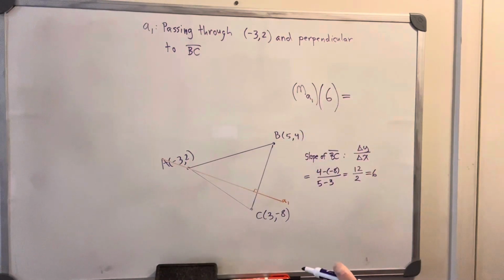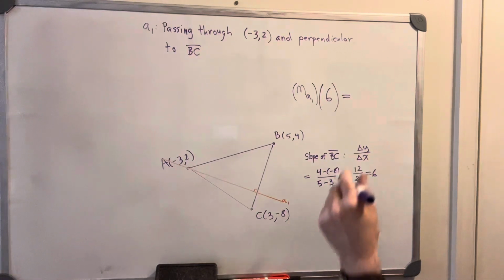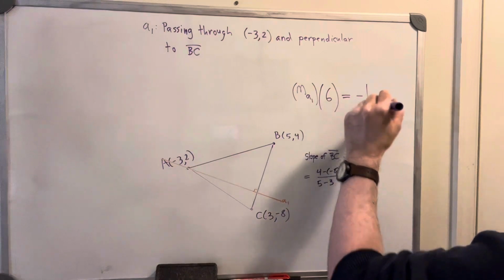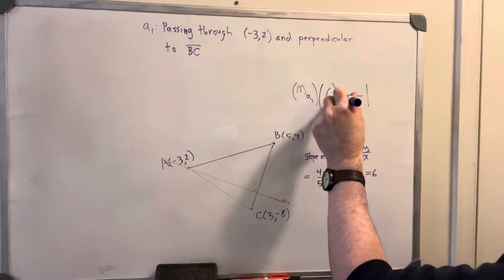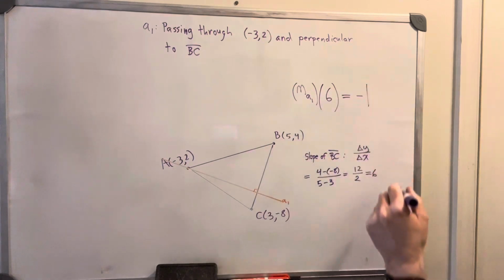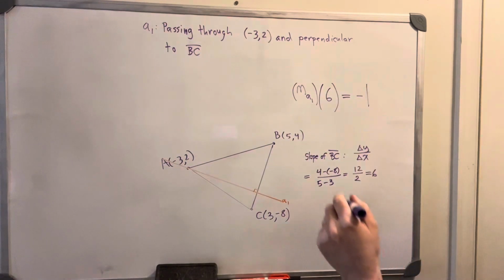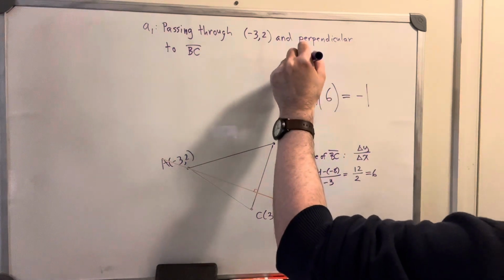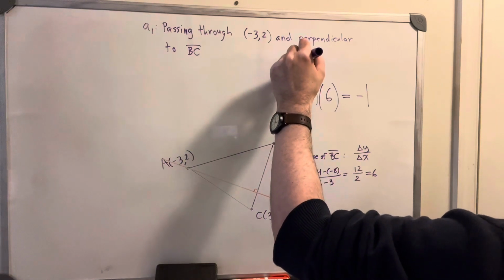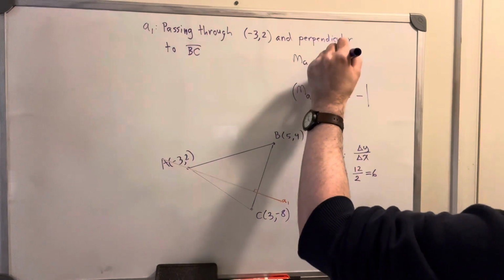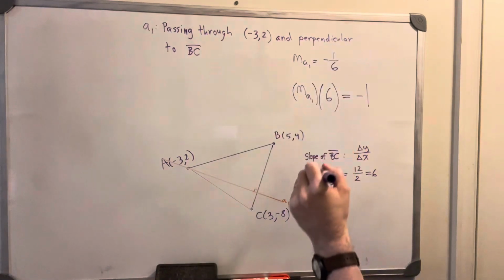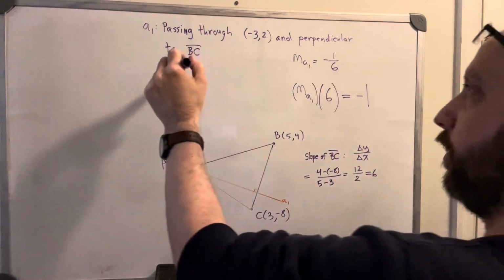And what is the product of the slopes of perpendicular lines? Remember, that's a theorem. It's always -1. So what times 6 equals -1? This means that the slope is -1/6.